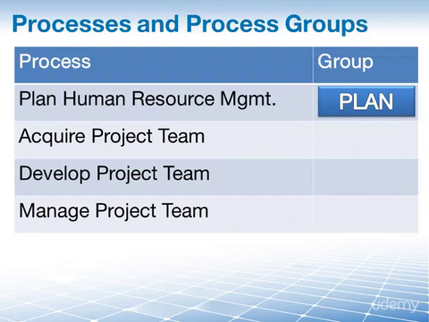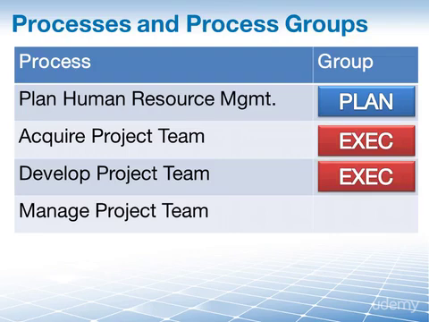And have you noticed how well we do stuff in all of these three processes? Yes, acquire project team, executing. Develop project team, executing as well. And manage project team, executing as well. So, in project human resources management, we have 1 planning process and 3 executing processes.